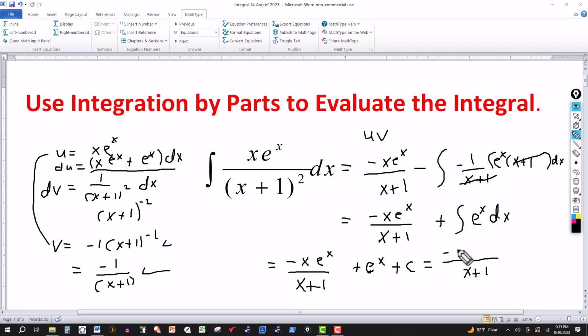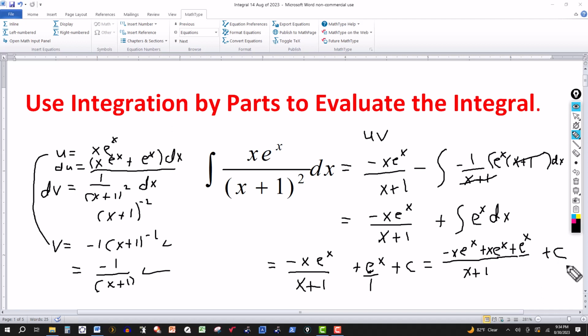That's minus x e to the x. And then I multiply the e to the x numerator and denominator by x plus 1 to get the same denominator there. And then multiply e to the x times the x plus 1. That gives me then an x e to the x plus e to the x.